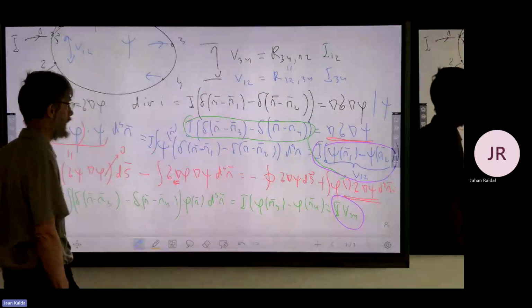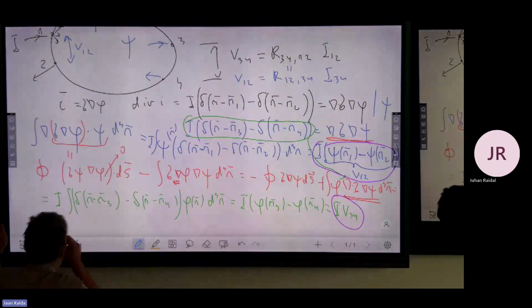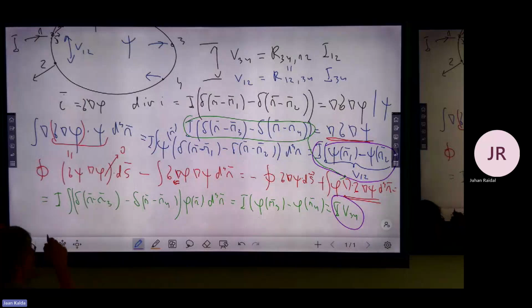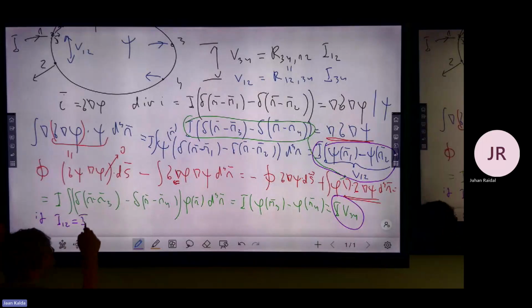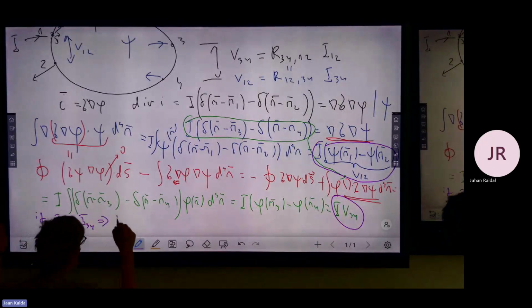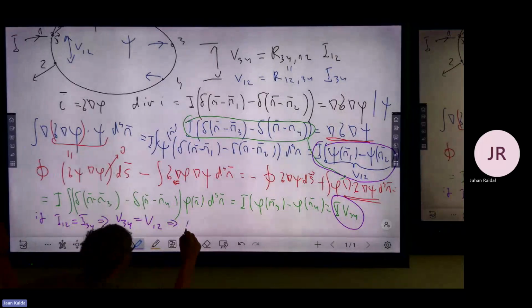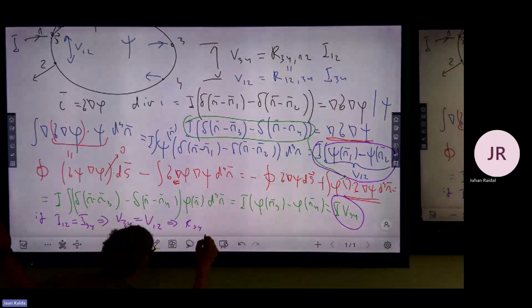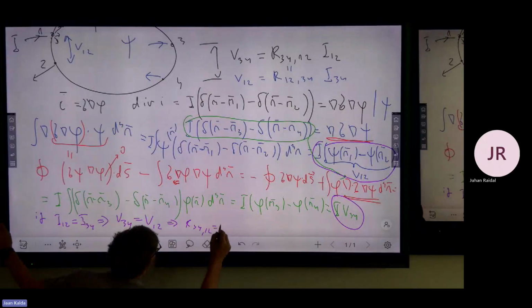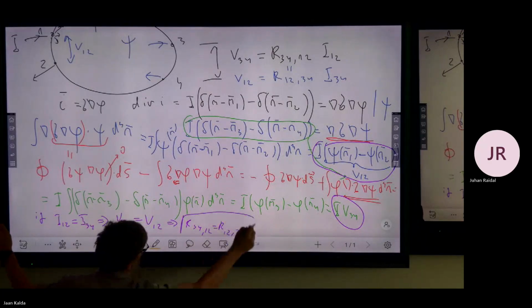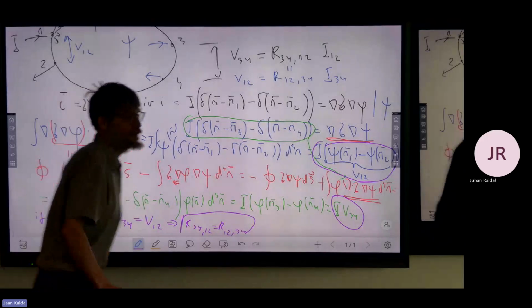So we conclude that if I12 equals I34, then V34 equals V12, because R34,12 equals R12,34. And we proved it.